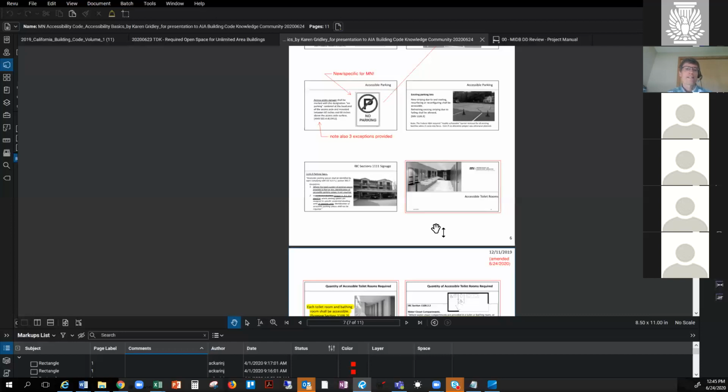And that's saying that it needs to be a sink and a toilet, not just a toilet. So prior to March 31st, 2020, folks were probably seeing that happen.